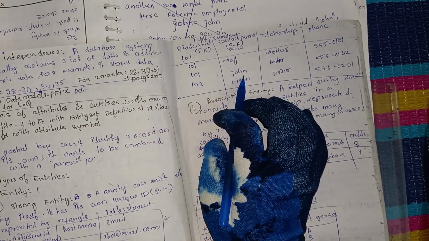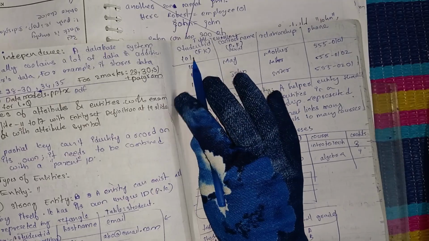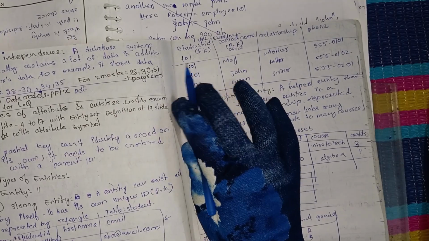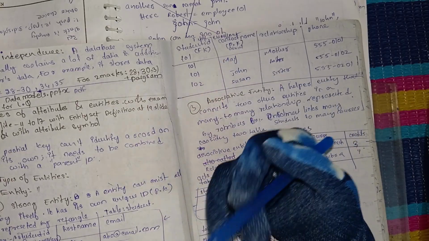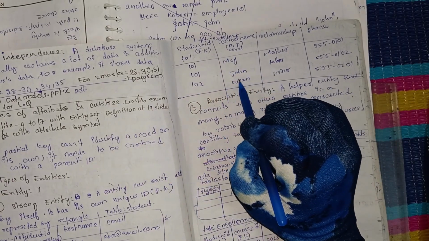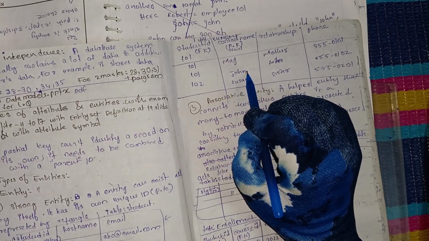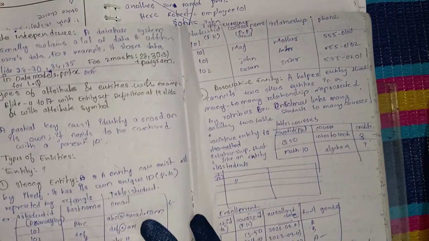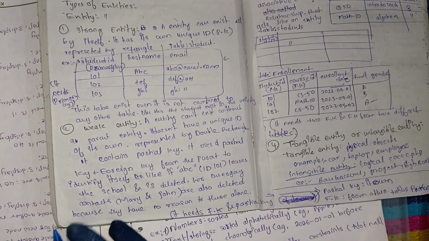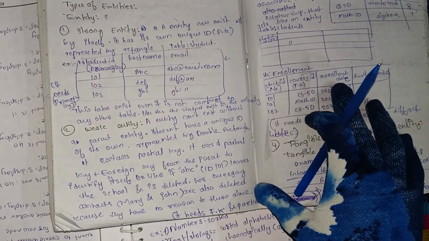So Mary and John are the emergency contacts of the same student. If the student leaves the school, then these two values also should be deleted, because they have no reason to be there alone.